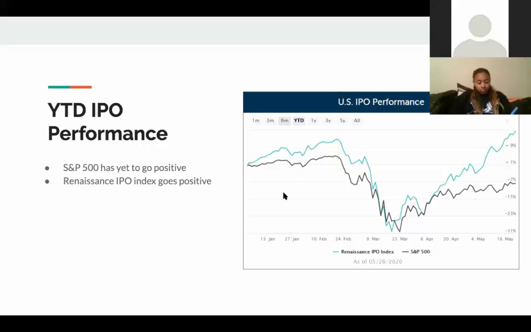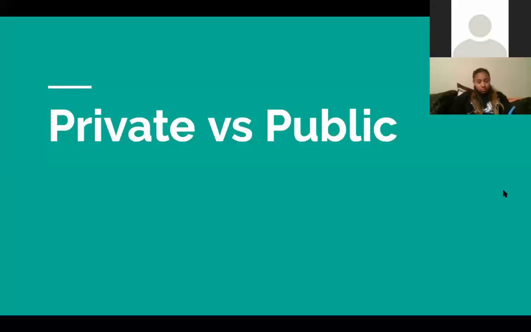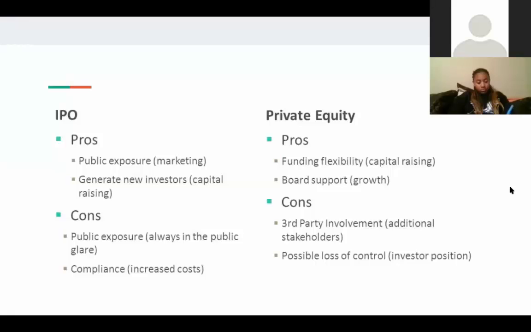So talking about just comparing the two for what they are, we have IPOs, initial public offerings. If you are a company and you are deciding whether to go in an IPO direction or a private equity direction, some of the pros for going in an IPO direction is that you get public exposure just due to the fact that you're in the public's eye, and you can generate new investors.